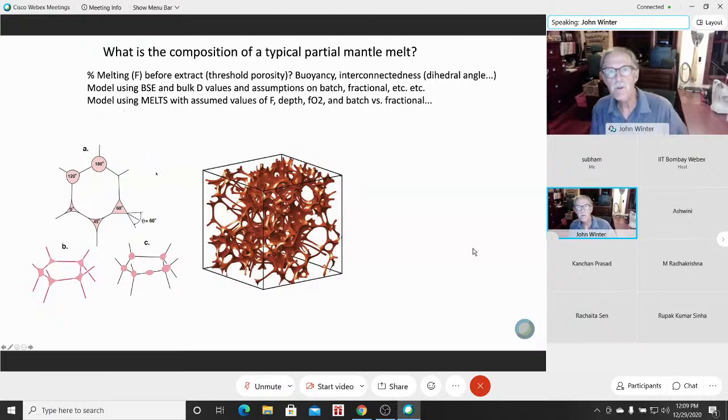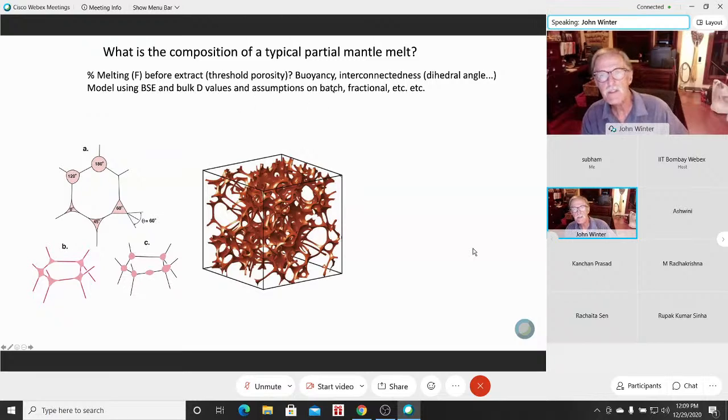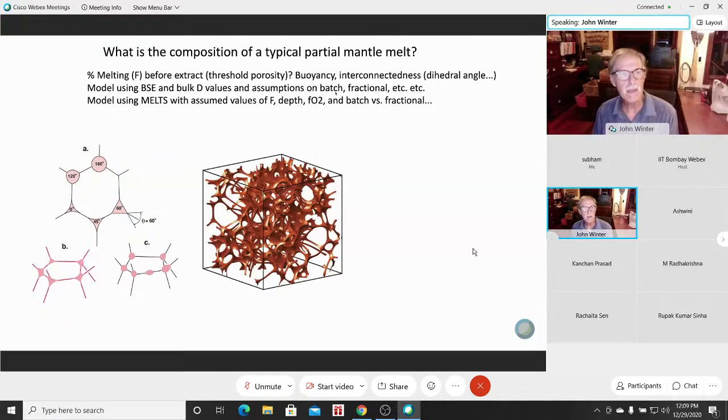Other ways to approach the typical mantle composition or melt composition is to model the melting using bulk silicate earth as a composition for the original mantle, and then you would have your distribution coefficients and make assumptions on whether the melting is done by batch melting, fractional melting, etc., and you can calculate what would result in a melting model.